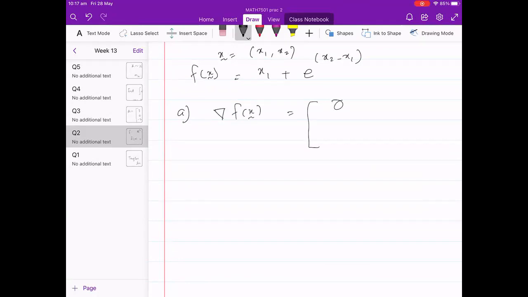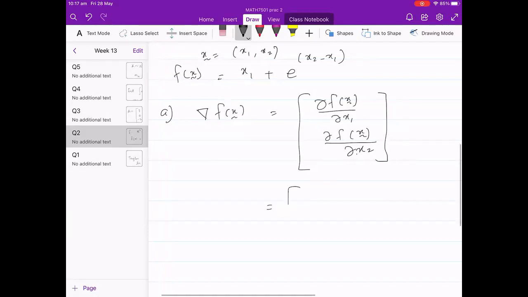So you differentiate f of x with respect to x1 first, and then with respect to x2.